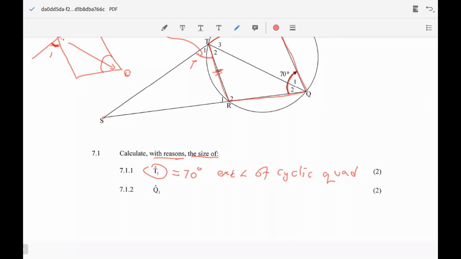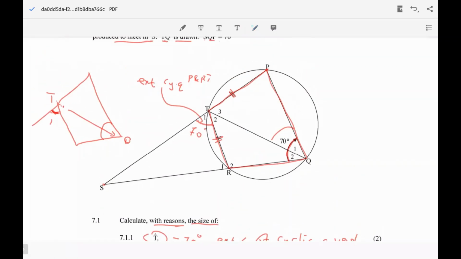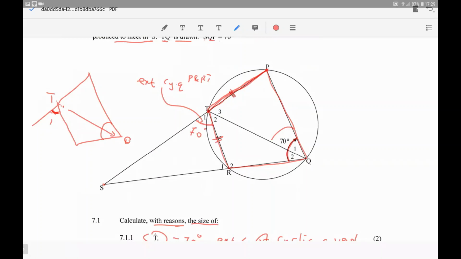So we fill that into the diagram. Then we go to Q1. Q1 is here. Q1 is subtended by chord PT. From P, you go to Q, then to T. PT subtends Q1. But PT is equal to TR.